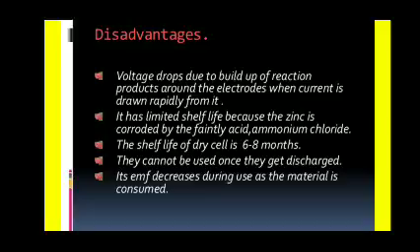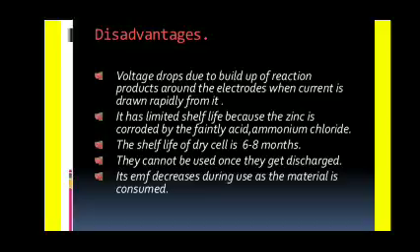It has limited shelf life because the zinc is corroded by the acidic ammonium chloride.